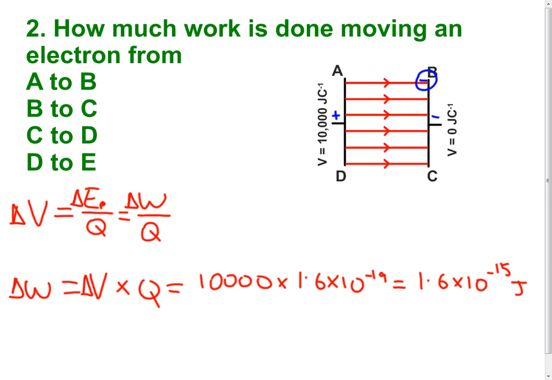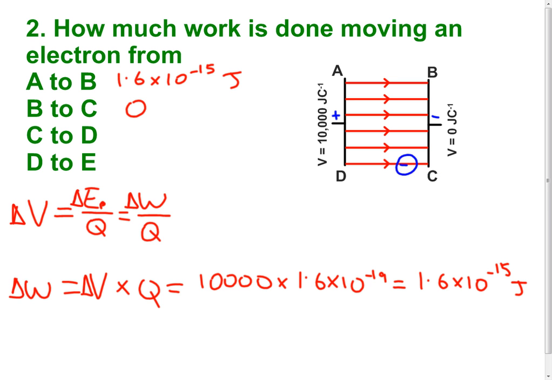That's the amount of work we're going to have to do. Okay, what about moving it from B to C? Well, from B to C, that's along an equipotential, so there's no work done at all, so that's easy. So we've got 1.6 times 10 to the minus 15 joules, 0.